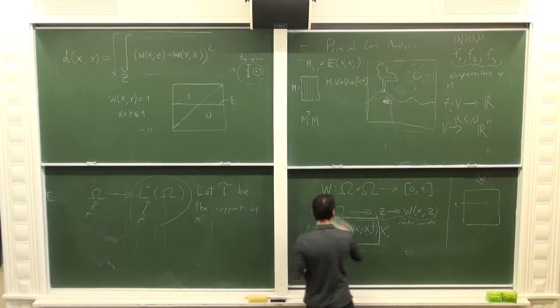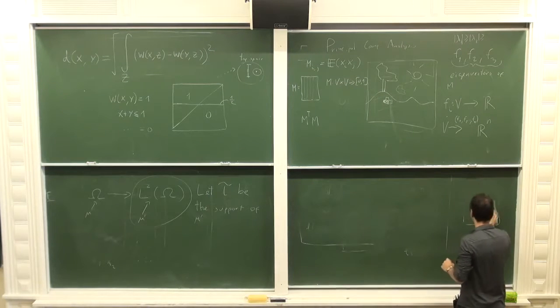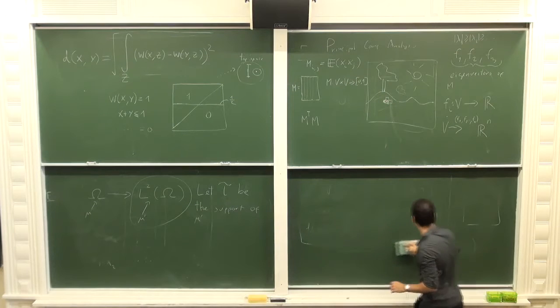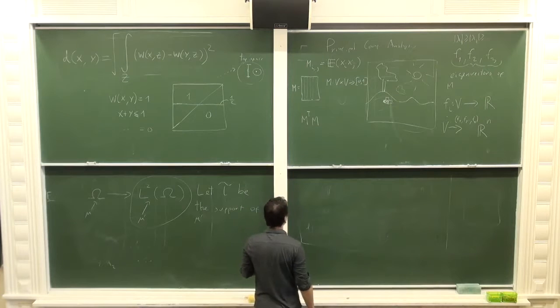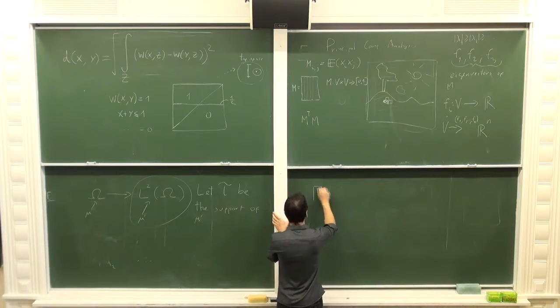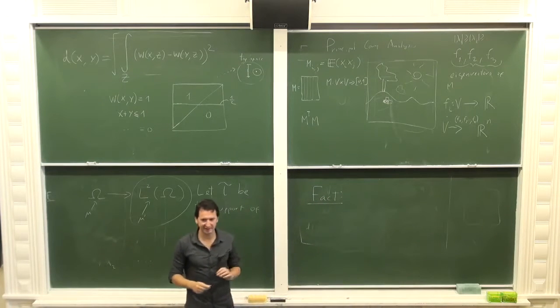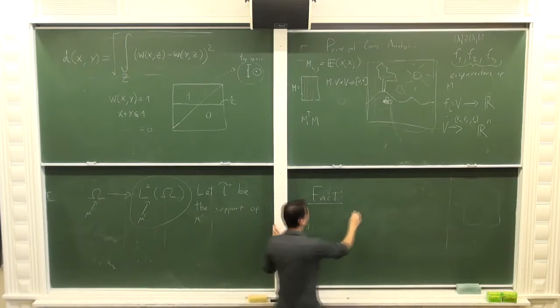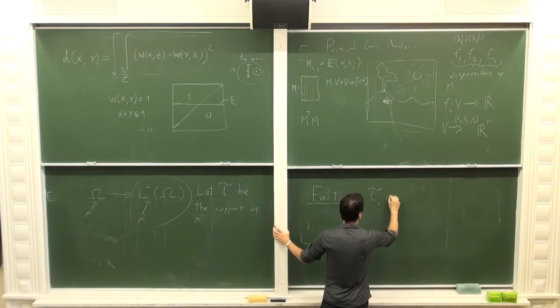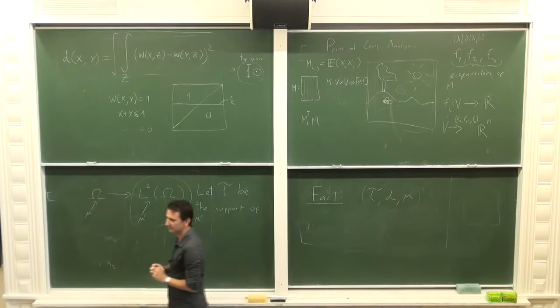Turns out that, and I'm not going to prove these things because they are very technical. These are true, but not particularly interesting to prove. But the true fact is that the topological space, together with the metric and together with the measure even, this triple, is an invariant.